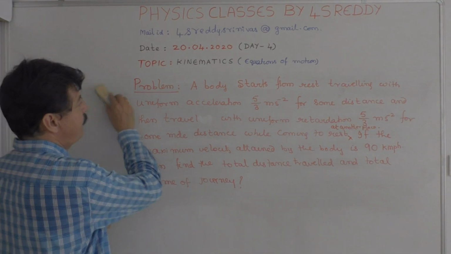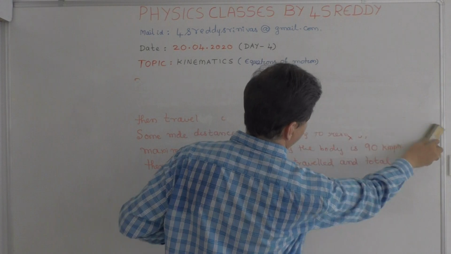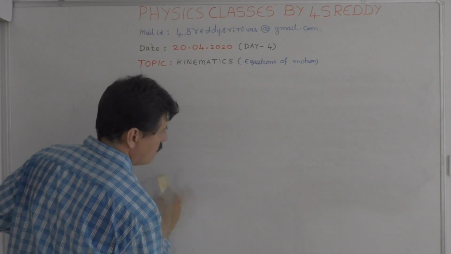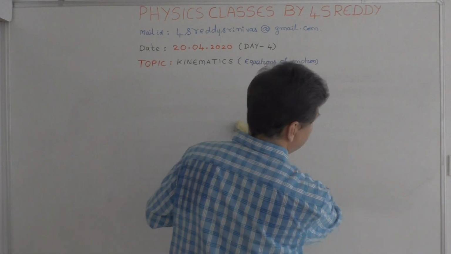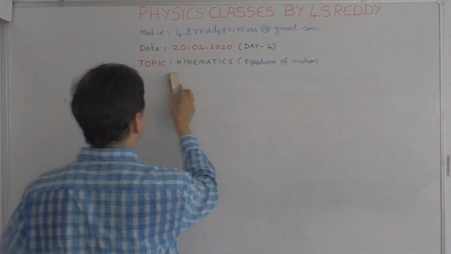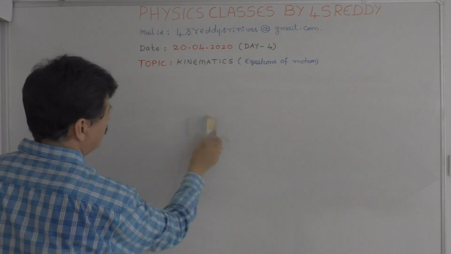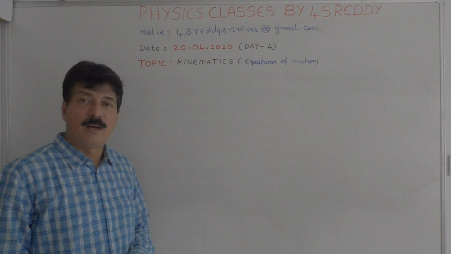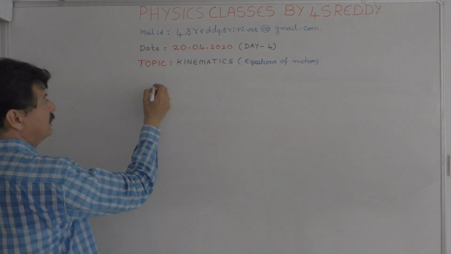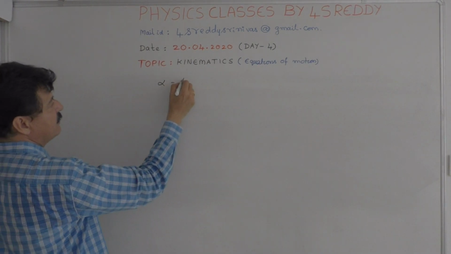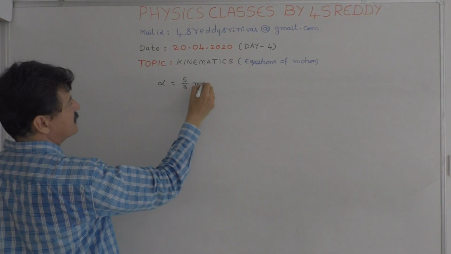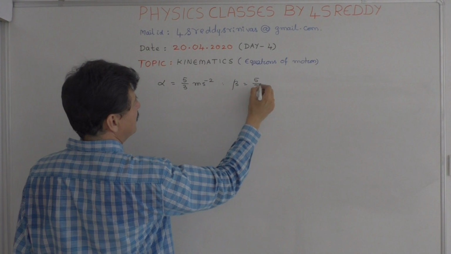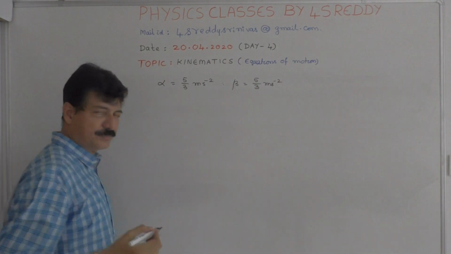Once you got it, what to do? Tell me here. The problem is very simple now. You got it. Here, alpha is given as 5 by 3 meters per second square. Retardation beta is also given 5 by 3 meters per second square.